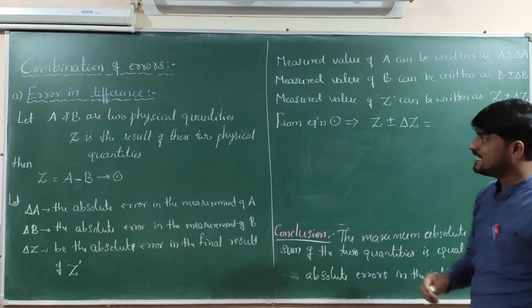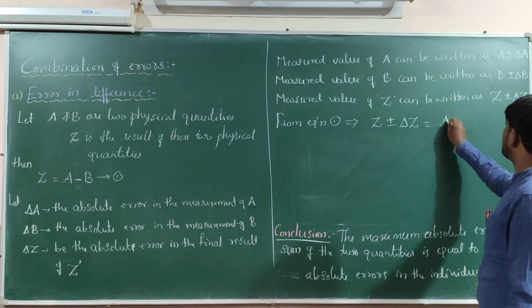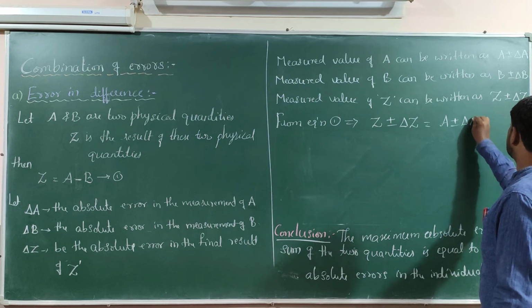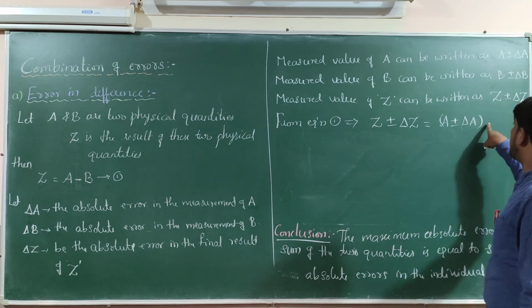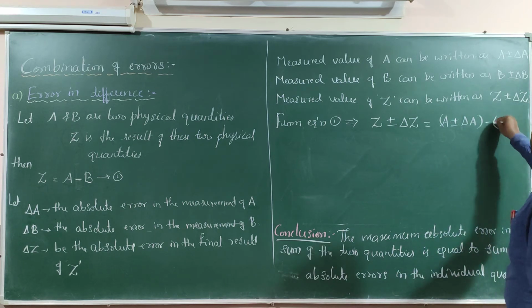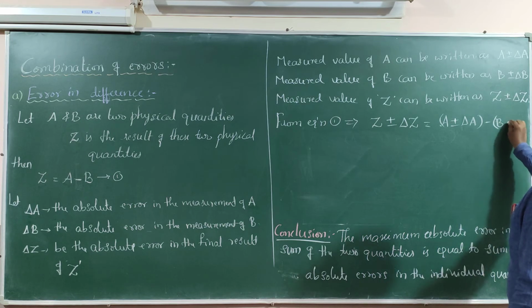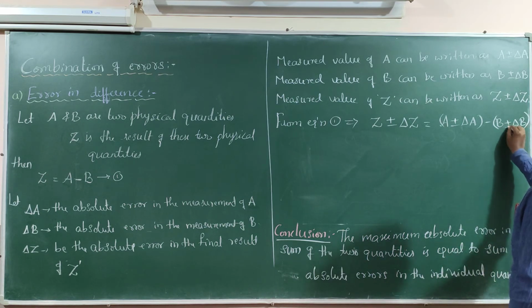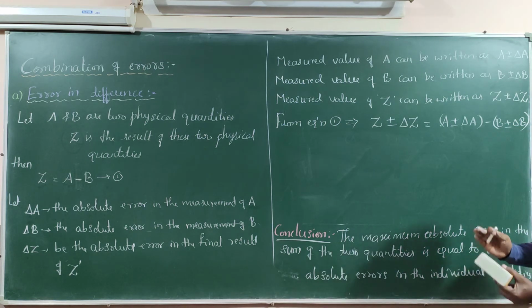That is equal to A, which can be written as A plus or minus delta A. This one I have to write. And the next thing is minus the second term, that is B plus or minus delta B. Clearly write the plus or minus. Then open the bracket.